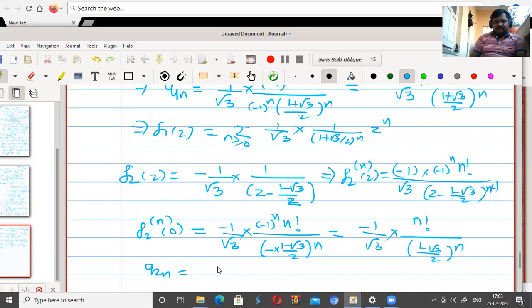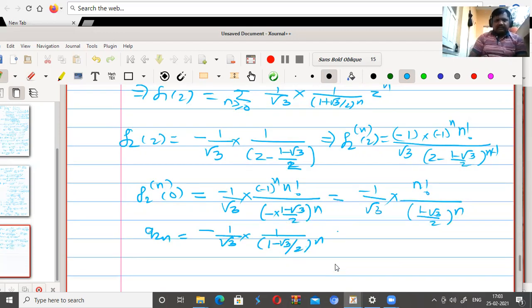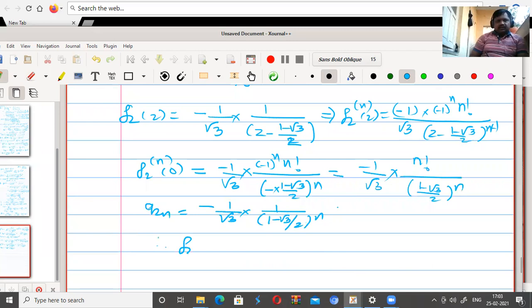So n factorial, minus 1 upon square root of 3 into 1 upon 1 minus root 3 whole divided by 2 to the power n. And therefore f2 of z becomes summation over all n greater than or equal to 0, minus 1 upon root 3 into 1 upon 1 minus root 3 upon 2 to the power n into z raised to n.